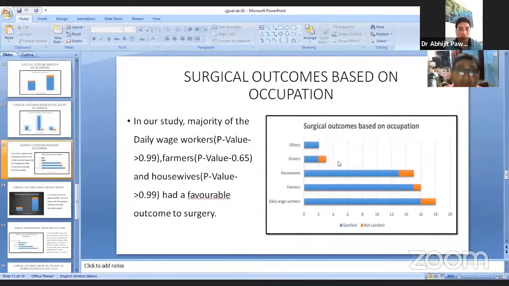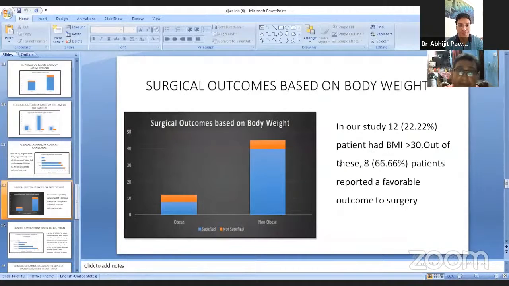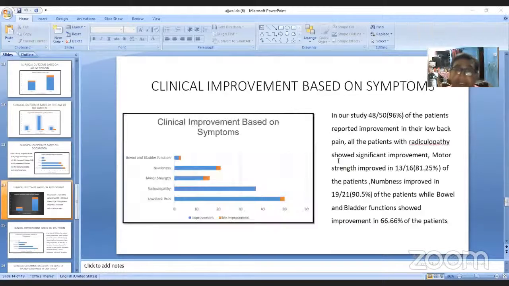In our study, the majority of daily wage workers, farmers, and housewives had a favorable outcome to surgery. In our study, 22% of patients had a body mass index more than 30. Within this group, 66% reported a favorable outcome to surgery.